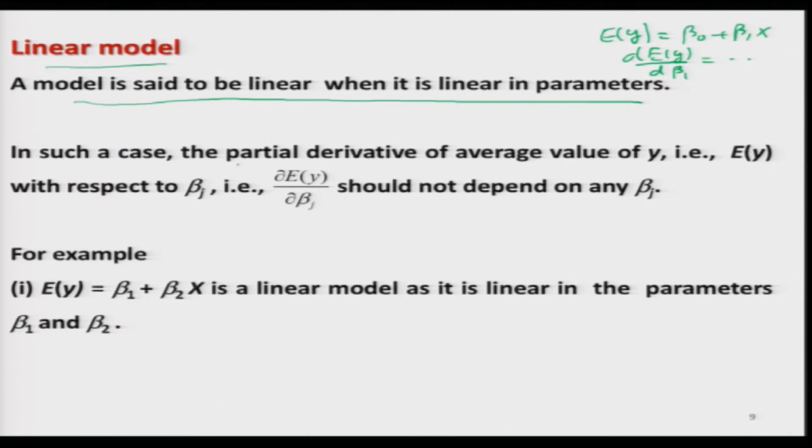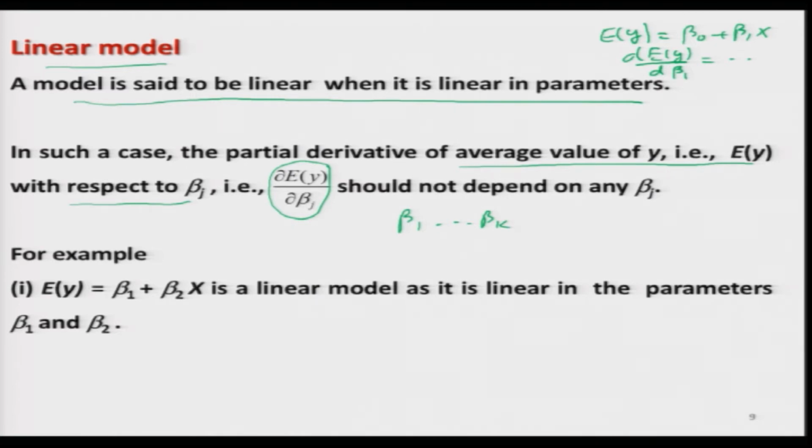We simply take the partial derivative of the expected value of y with respect to each beta j. Earlier you had only 2 parameters, beta 0 and beta 1, but now you have k parameters, beta 1, beta 2, up to beta k. So try to find the partial derivative of the average value of y, that is expected value of y, with respect to beta j, and check whether it depends on the parameters or not.